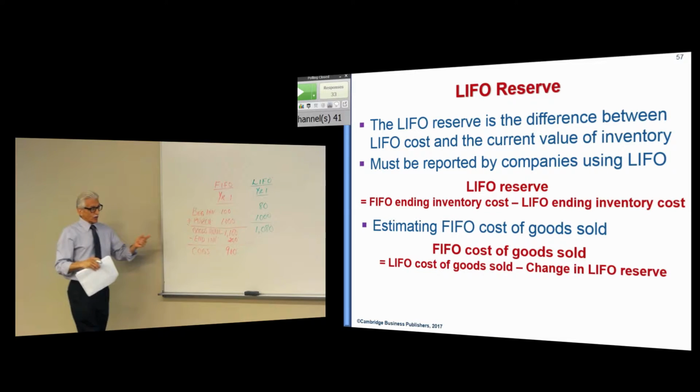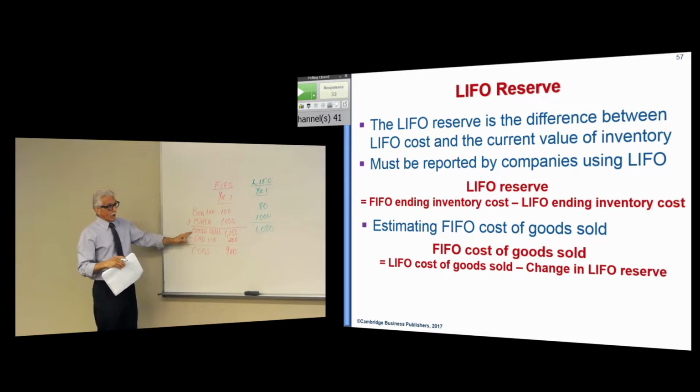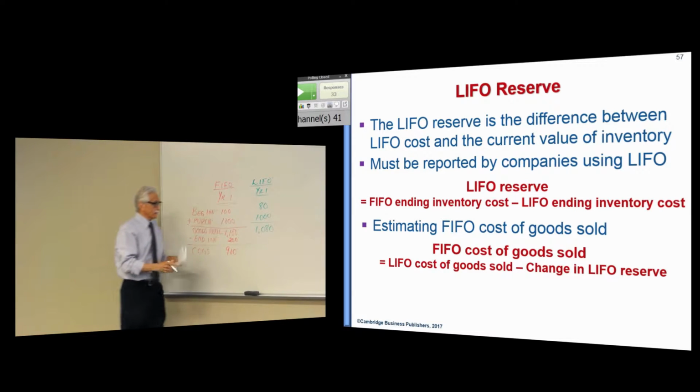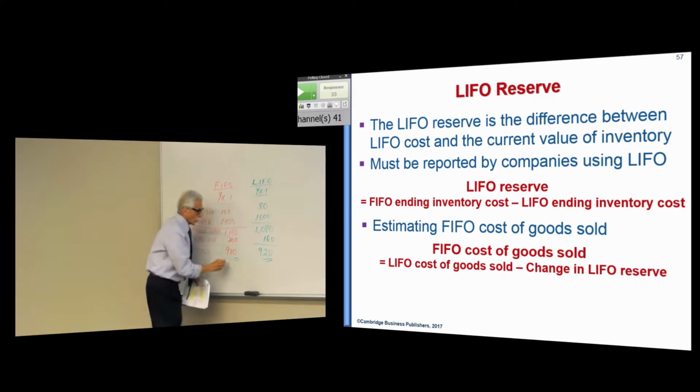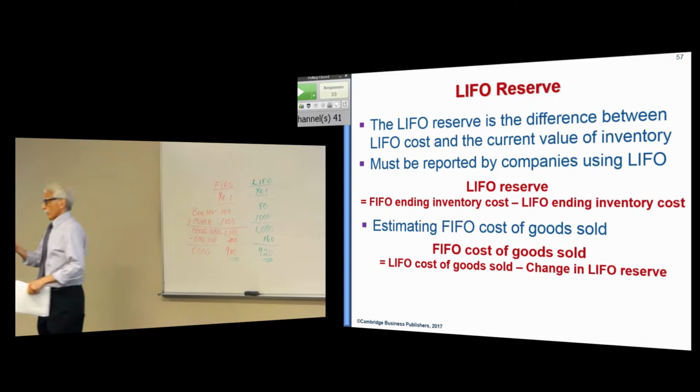You purchased 1,000. The goods available are 1,080. And the ending inventory under LIFO is 160. And as a result, cost of goods sold is 920, which you would want under LIFO. You want to have a higher cost of goods sold, correct? For tax purposes.